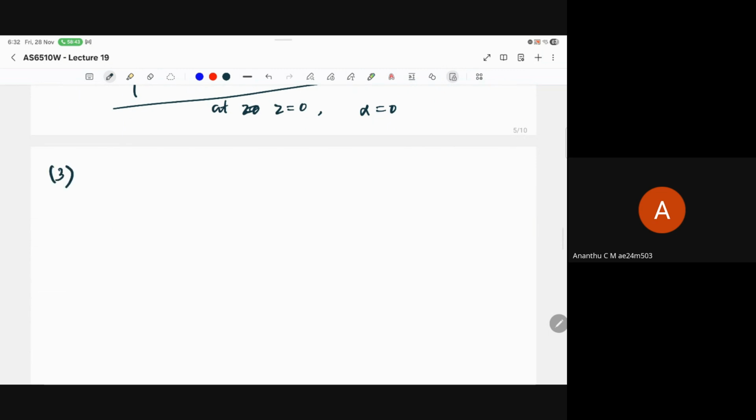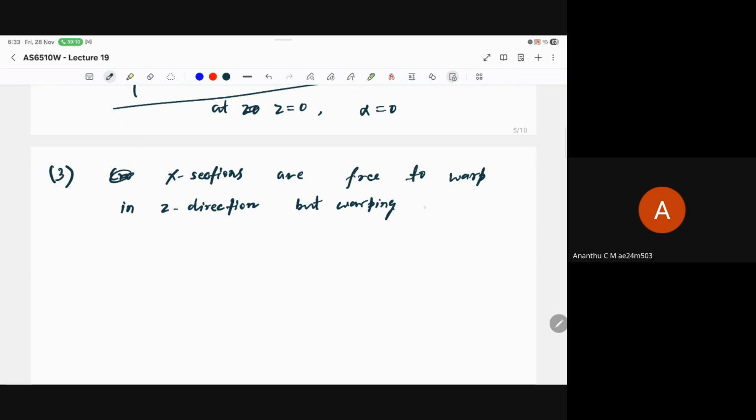And then the third one is basically that cross sections are free to warp in z direction. But warping is the same for all cross sections.